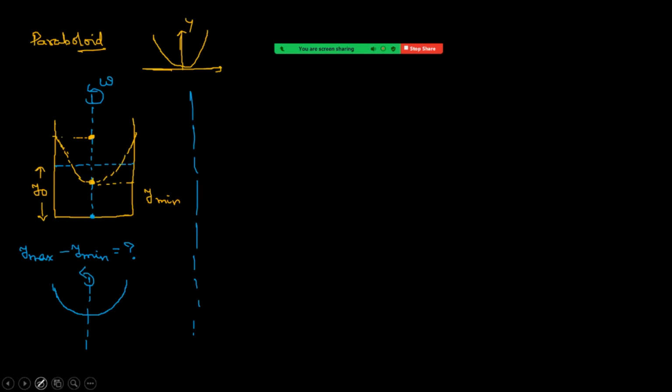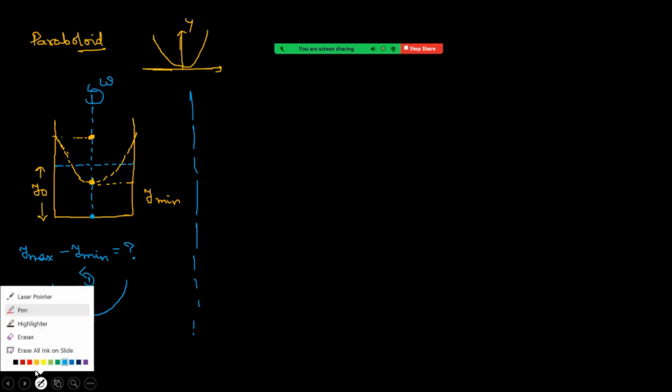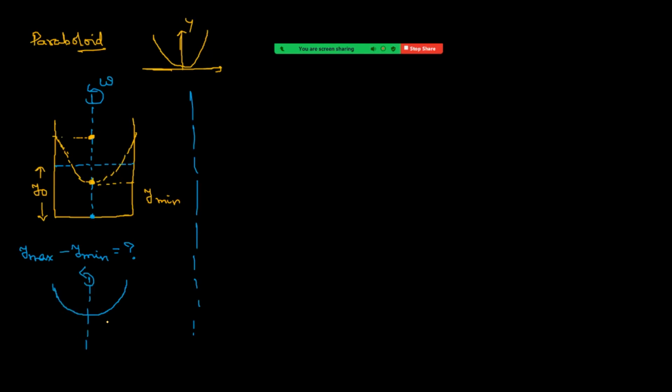Let us consider one small element on the surface. I am taking somewhere here. Its distance from the axis is x. Take a mass dm. Now solve the question with respect to the rotating frame.